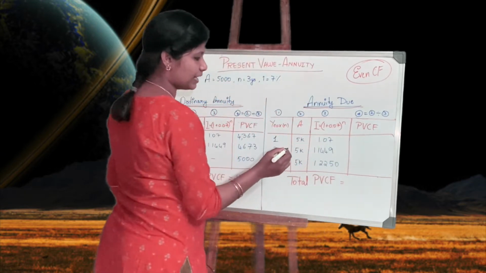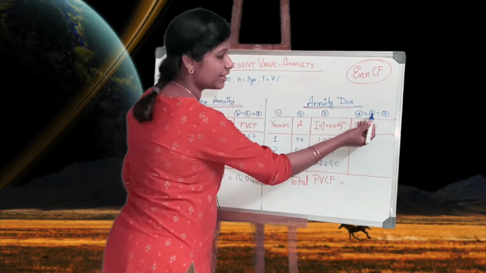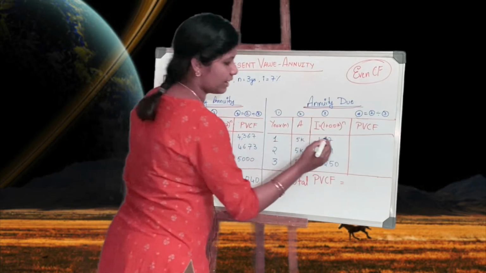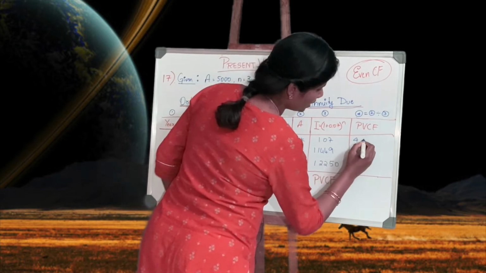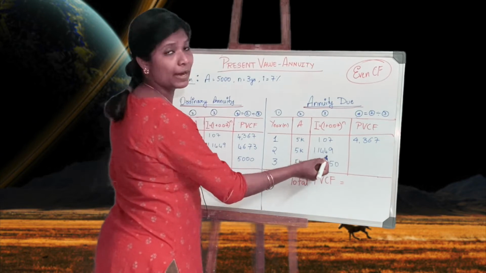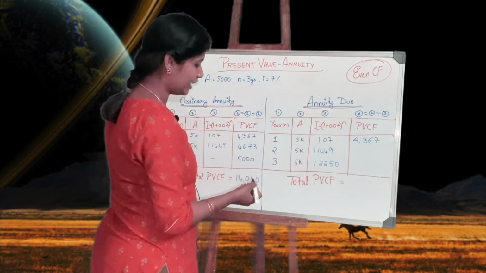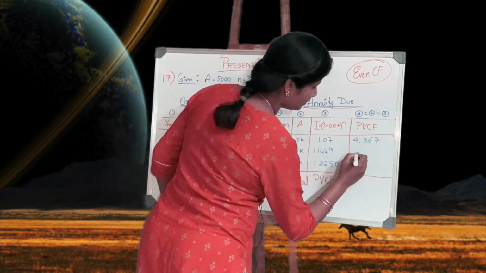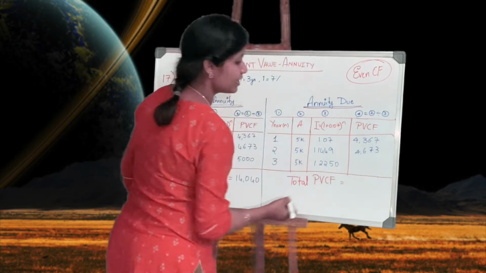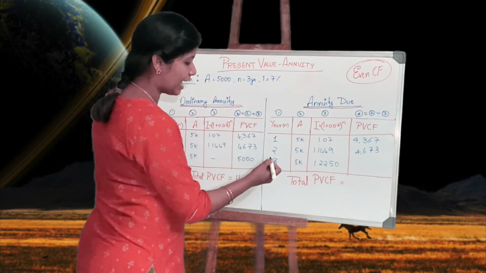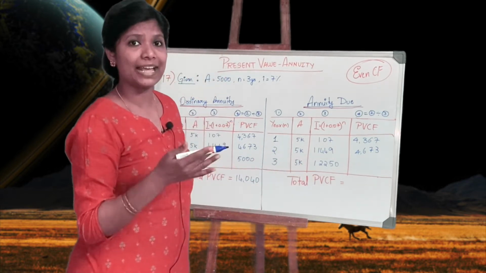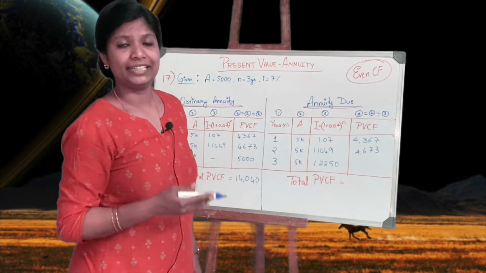So here when we are dividing 5,000 by 1.07, we get the same value, 4,673. Second, 5,000 divided by 1.1449 is 4,367. And the last year, here I'm going to be charging interest because the payments are made at the beginning of each time period.